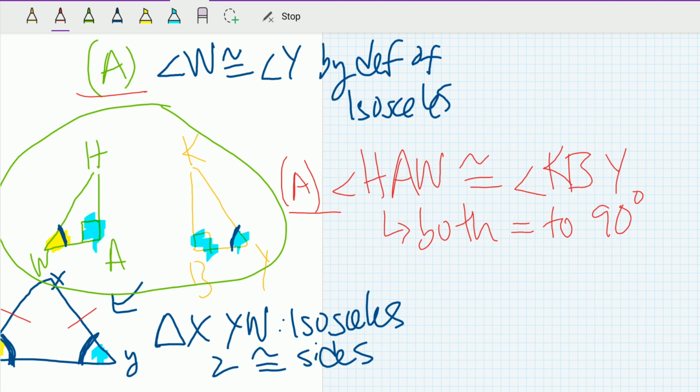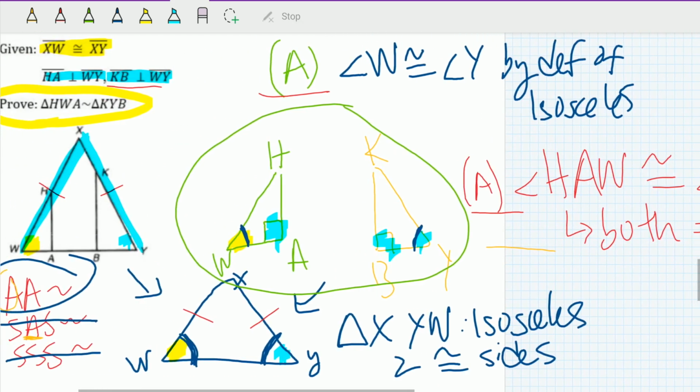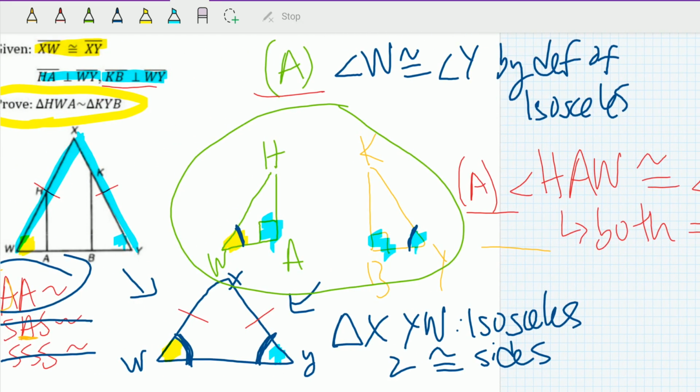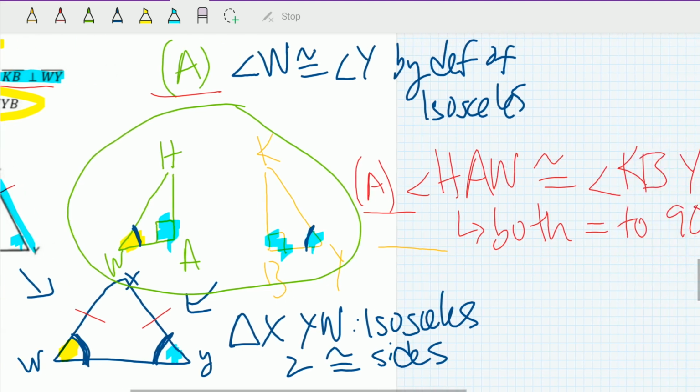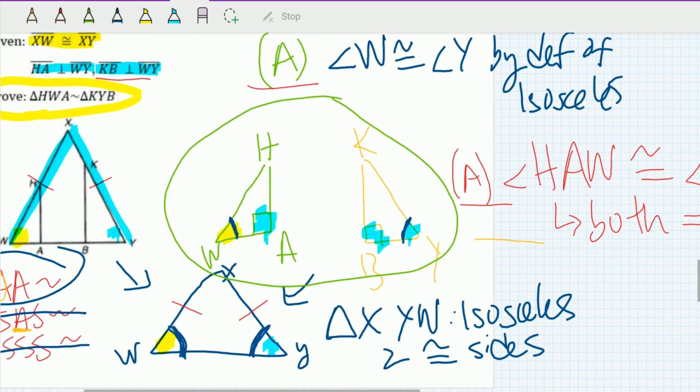And so then really the last thing I can go ahead and do is just write my similarity statement and say it's by AA, okay? And so let me just remember what the HWA, okay? So HWA and KBY.